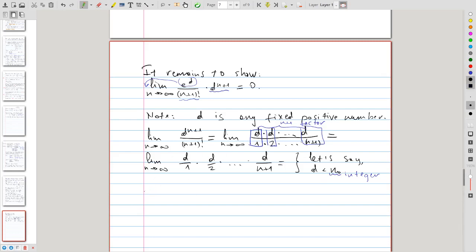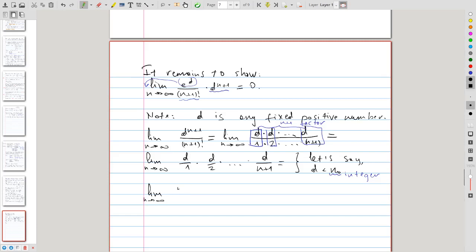Then our limit will eventually contain more than n0 factors. In fact, it will contain more than 2n0 factors. So for very large n, we'll be looking at a very large number of fractions multiplied, and all their numerators will be equal to d.